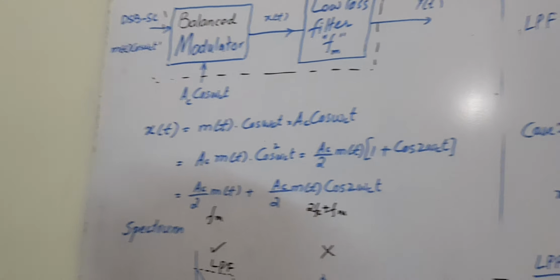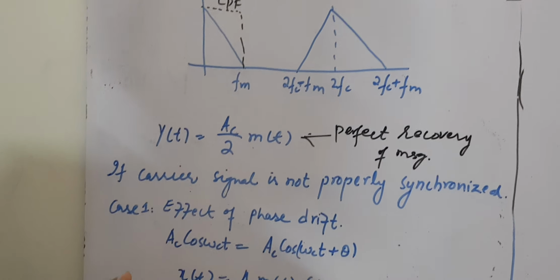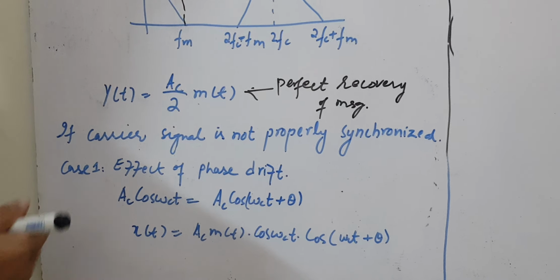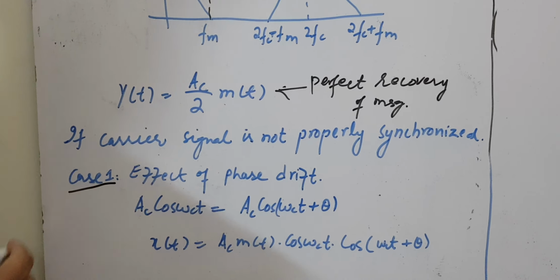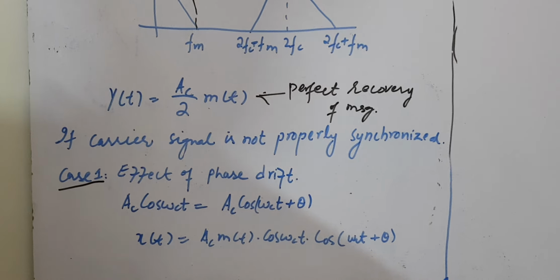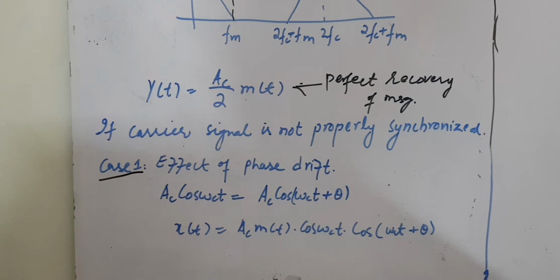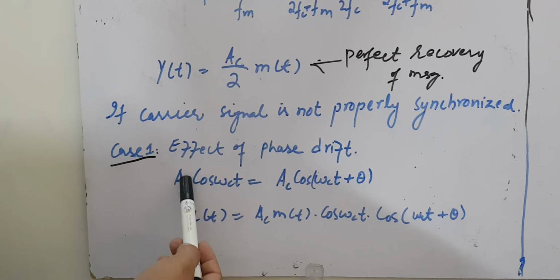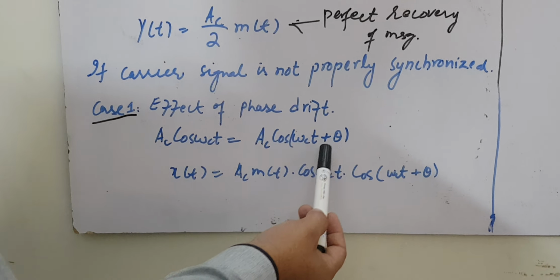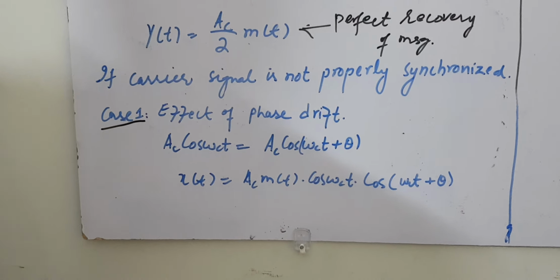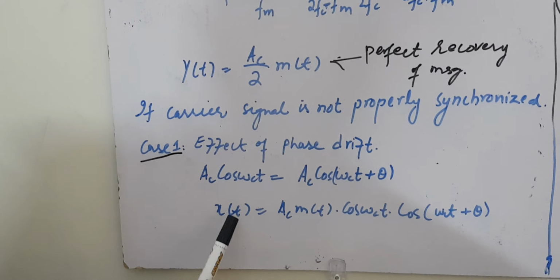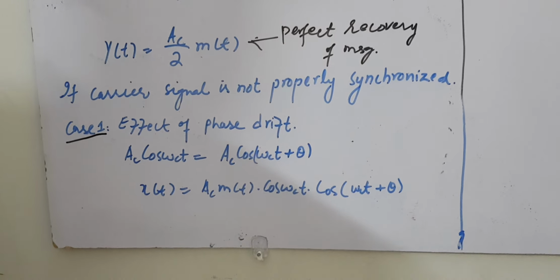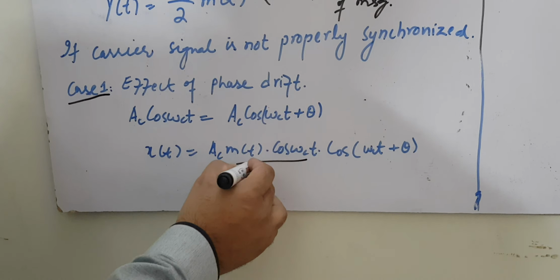Let's suppose the carrier signal is not perfectly synchronized. What happens? We will take two cases. Case one is the effect of phase drift. If the phase is not perfectly synchronized, we can write the locally generated signal as Ac cos(ωct plus θ), with a certain phase drift. Then x(t) is the product of this and the double sideband suppressed carrier.